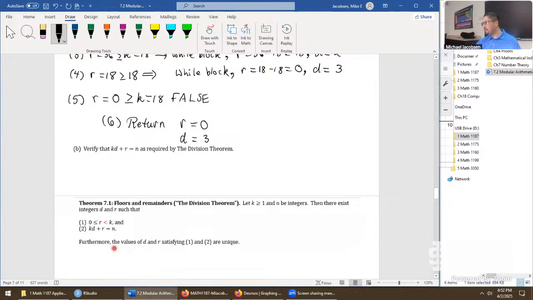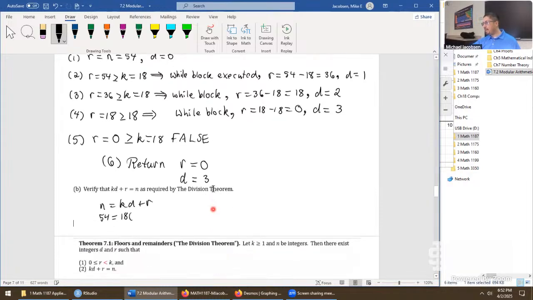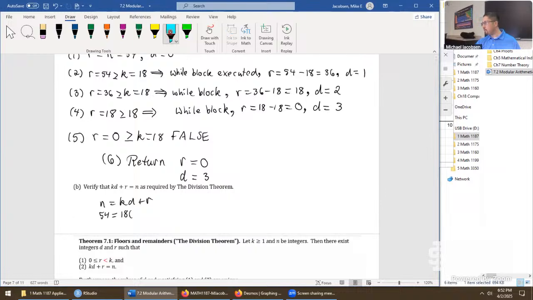So let's take a look. Is N really equal to KD plus R? Well, what was N? Sorry for the scrolling. N was 54 equals K. K was 18 times D. D was the floor. We might as well highlight that.